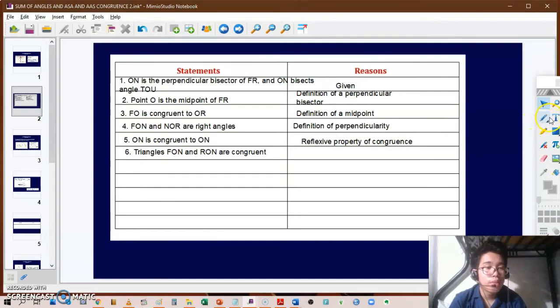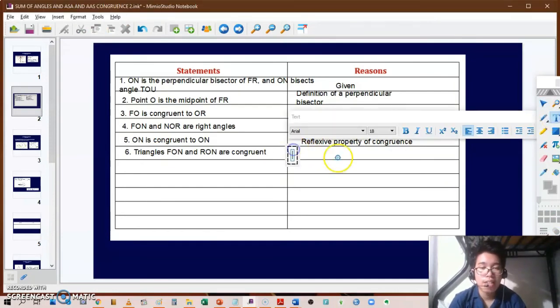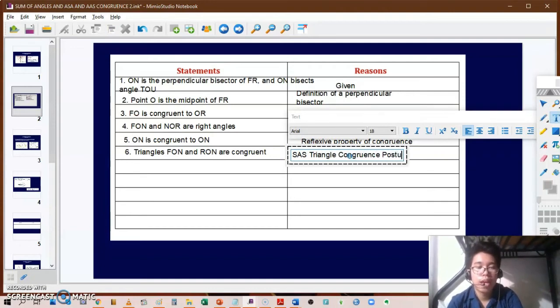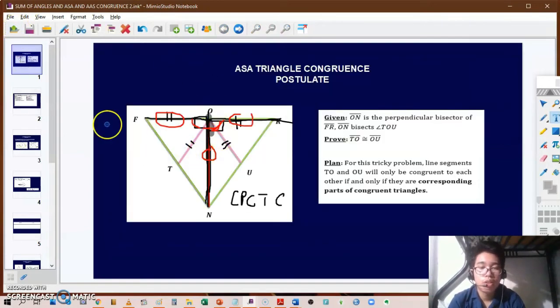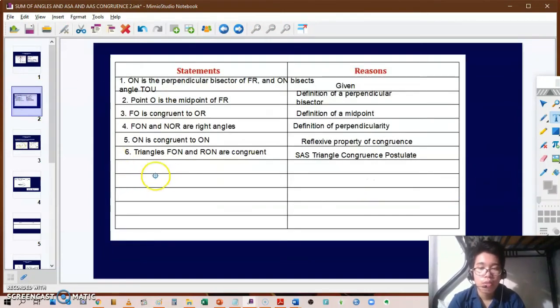They're congruent based on the SAS triangle congruence postulate, because we have two consecutive sides and an included angle for both triangles that are congruent and corresponding. So we have the proof for those two triangles.